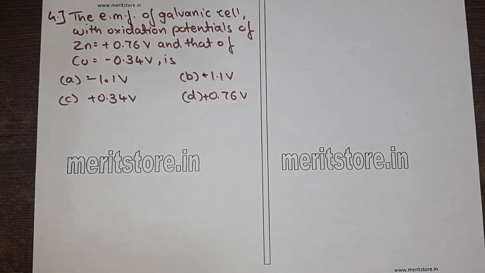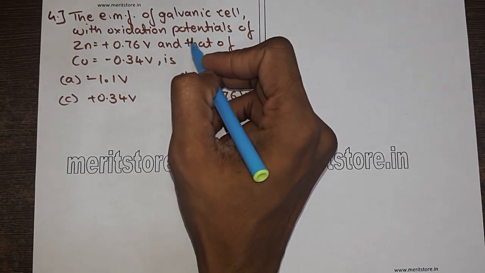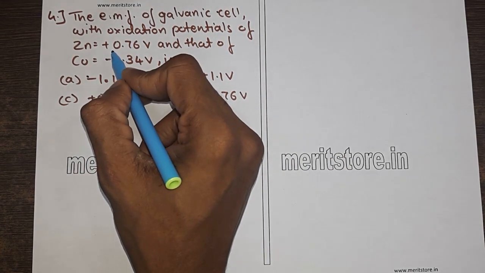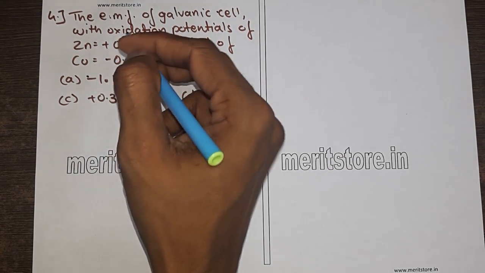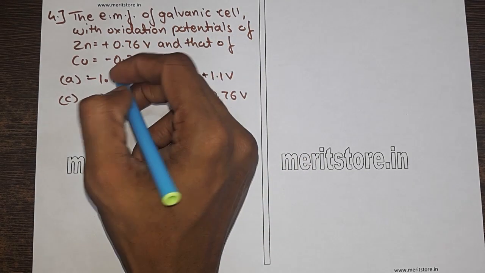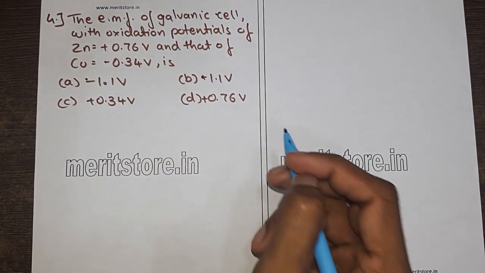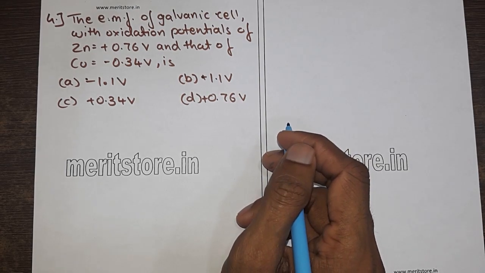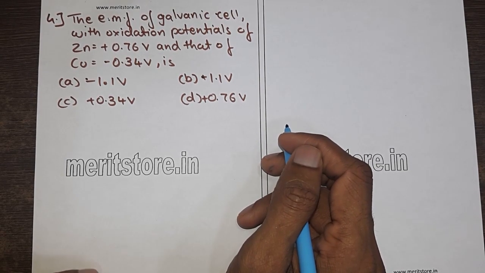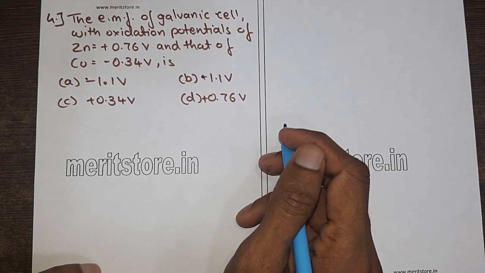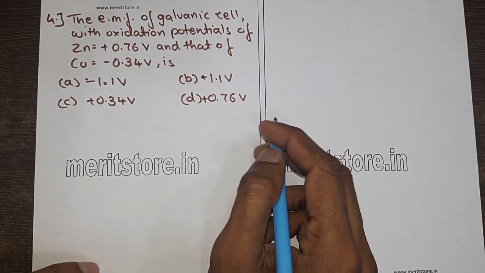Question 4. The EMF of a galvanic cell with oxidation potential of zinc equal to plus 0.76 volt and that of copper minus 0.34 volt is. We're given 4 options. The reduction potential of an electrode is always equal to its oxidation potential with the sign reversed.